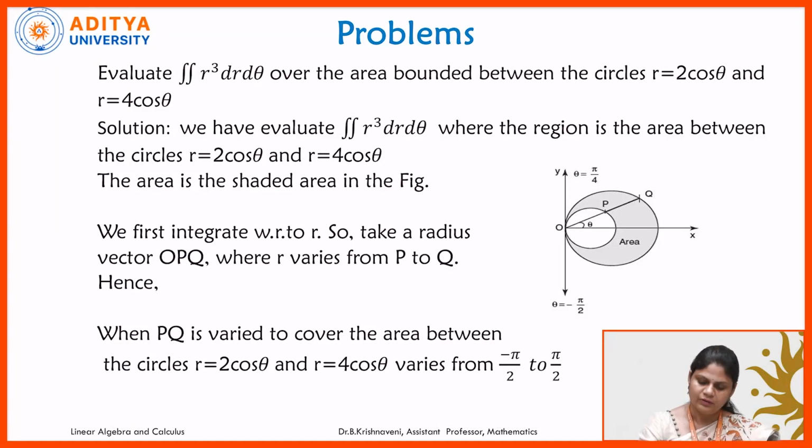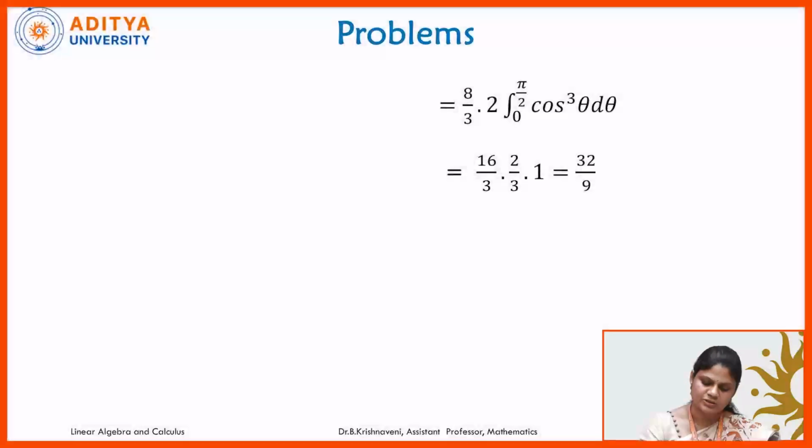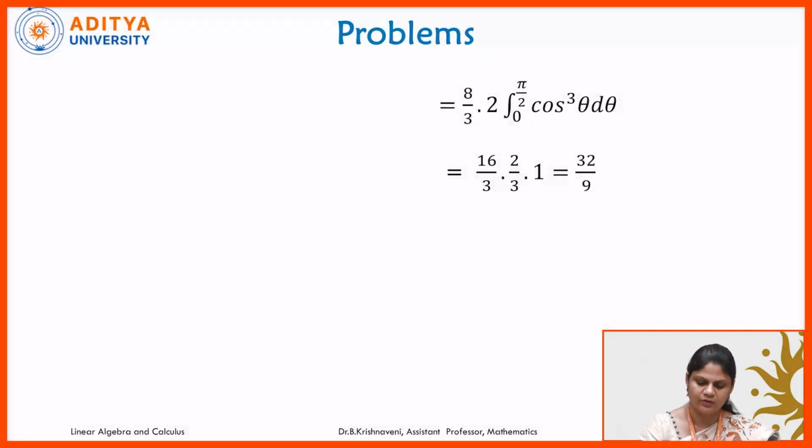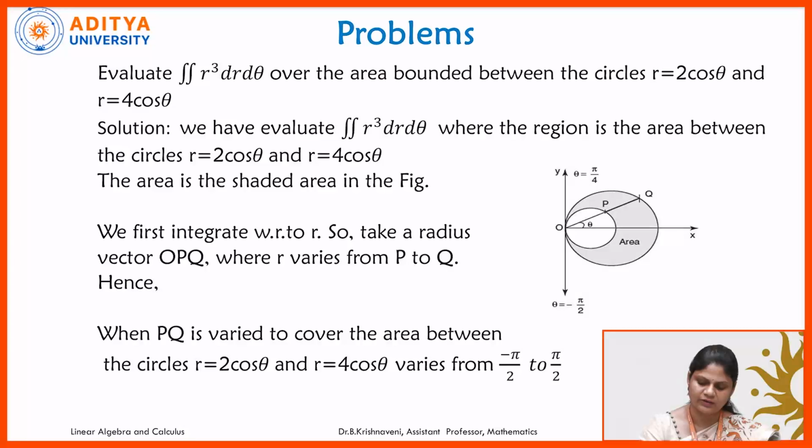Now the same evaluation but over a region. In the previous two questions, the limits were given in the question. Now the limits are not given; the region is bounded by circles.